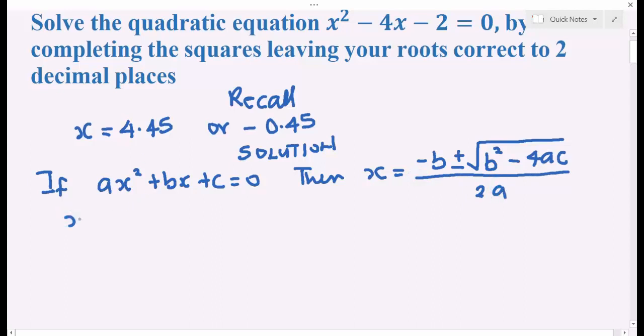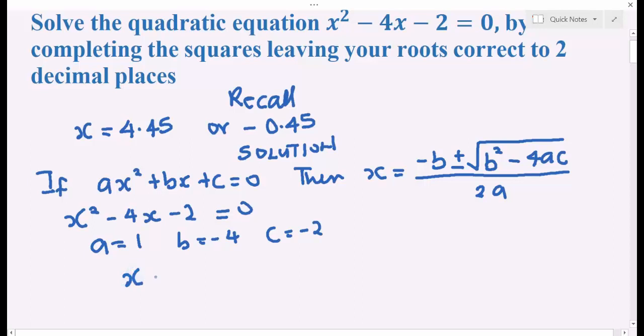Our equation is x squared minus 4x minus 2 is equal to 0. So in this place we have our a is equal to 1, our b is equal to minus 4, and our c is equal to minus 2. Let us substitute these values in the general quadratic formula.